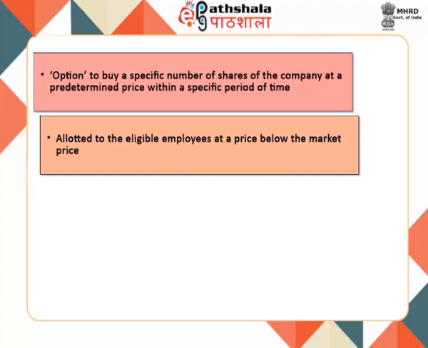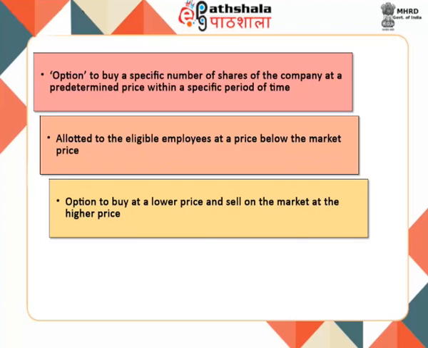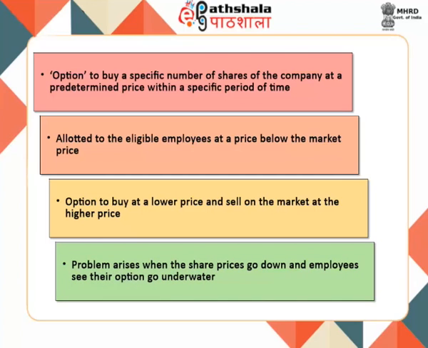It is assumed that the share price would go up in the future and the employees would benefit by exercising this option: buy at a lower price and sell on the market at the higher price. However, problem arises when the share prices go down and employees see their option go underwater. In such a situation, companies revalue the exercise price as a way to retain the employees.